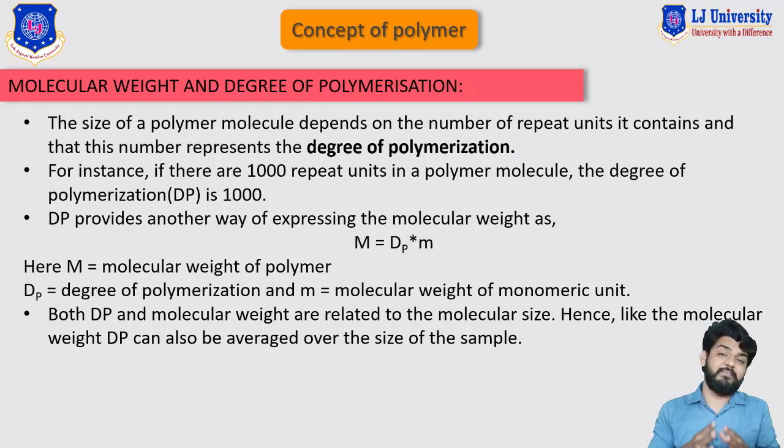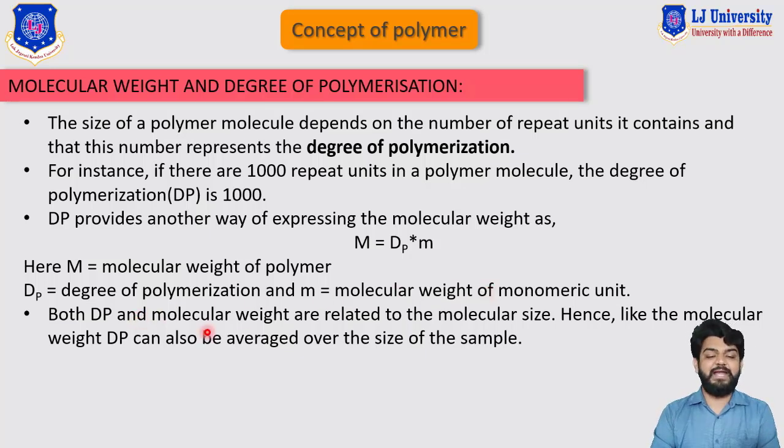By this mathematical form, we can also calculate the molecular weight of our polymer. Here dP is the degree of polymerization and small m is the molecular weight of the small monomeric unit.